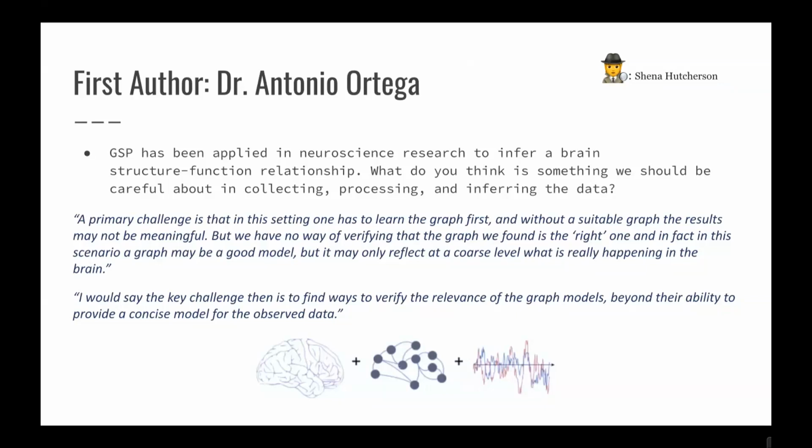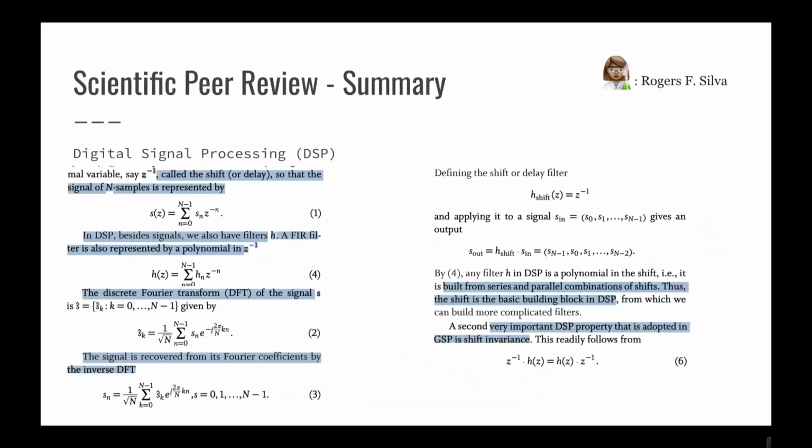If we knew everything that's going on, it would be a lot easier to find the right tools and narrow them down very quickly, compare them, and so on. So I think he brings a very important point that we have to verify the relevance of these particular models beyond just fitting the data. So I'll move on.